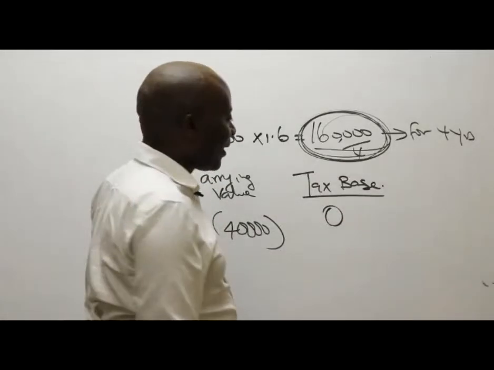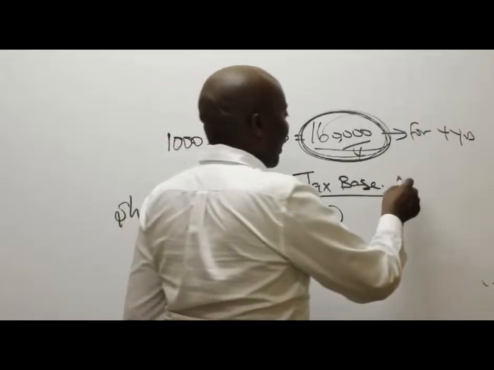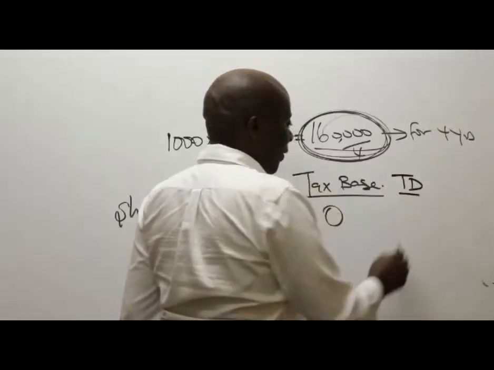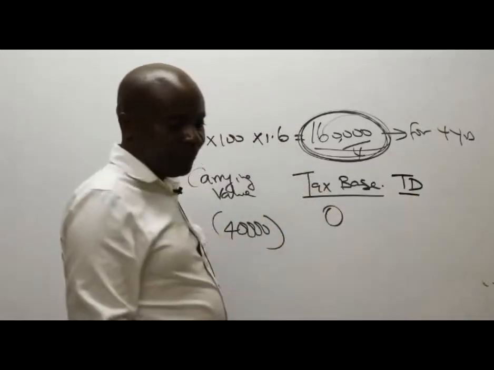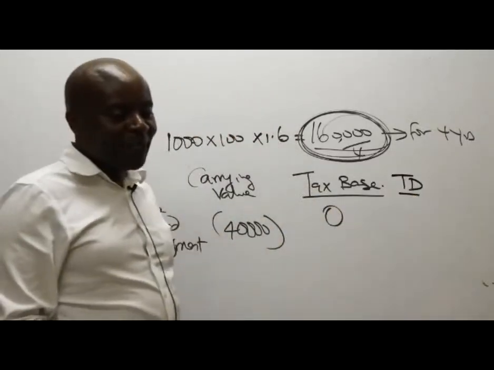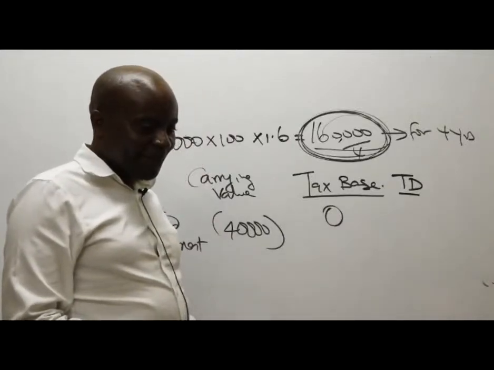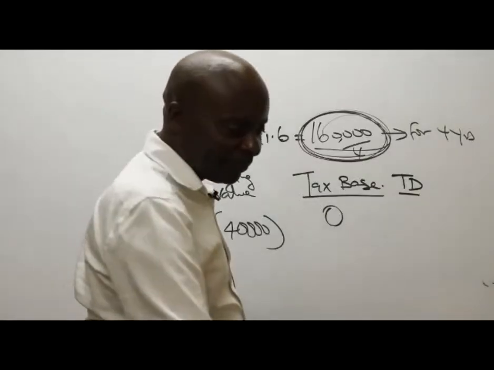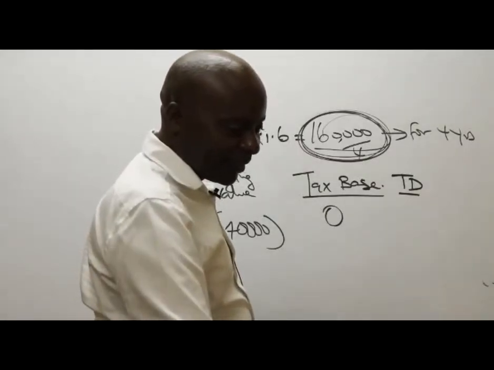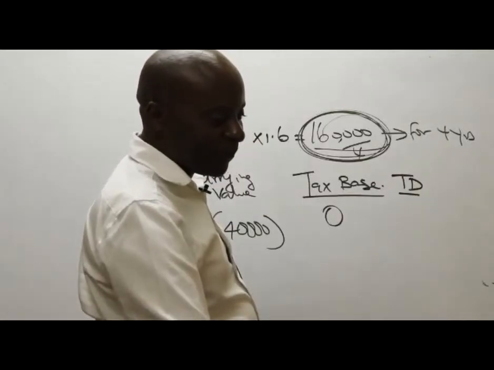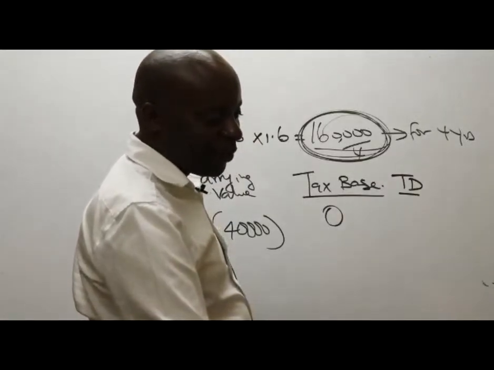Now, if that is the case, ladies and gentlemen, could you kindly go ahead and give me the temporary difference? Please give me the temporary difference. You have an idea?